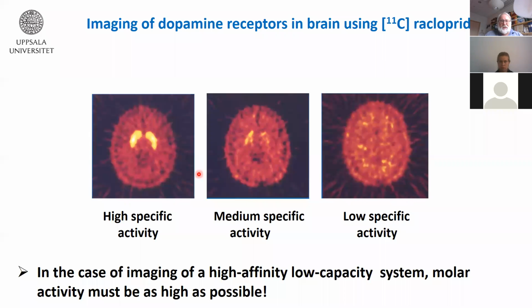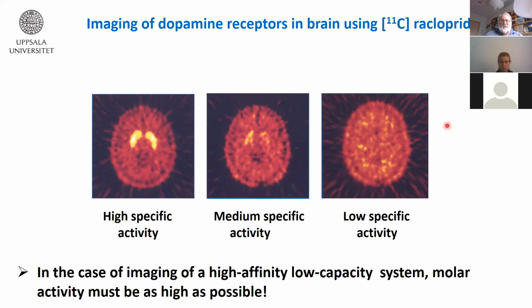Here you could see the image of the dopamine receptor in the brain at high specific activity with a low injected mass. The receptor locations were clearly visualized. If you decrease specific activity, well, you need to have a believing eye and good imagination to see places of binding of this ligand.